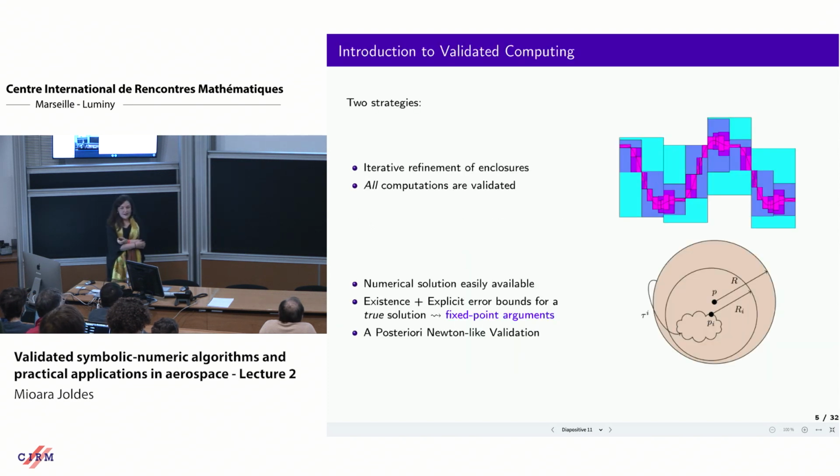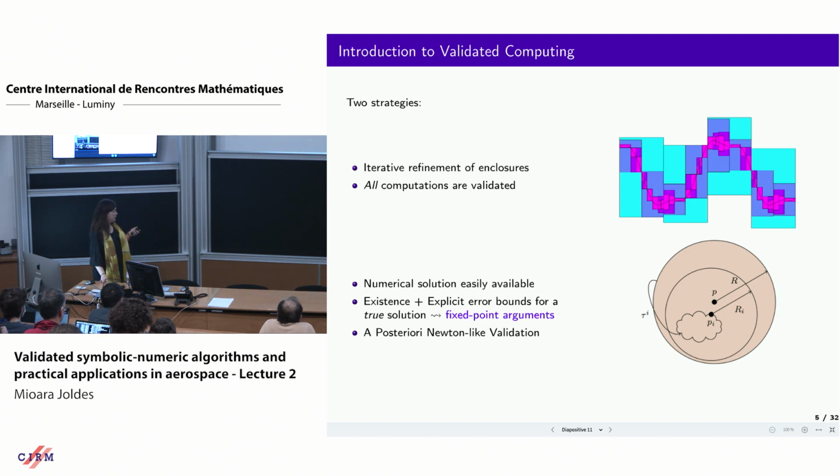So as I said yesterday, when we want to validate some numerical computations, we have this kind of dichotomy strategy. So we go with validated computations with interval arithmetic or ball arithmetic and do all the computations, which is usually more costly and is more prone to dependency effect or to wrapping, so the rounding errors are accumulated.